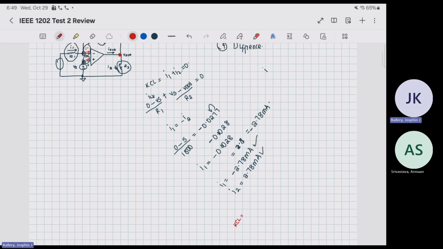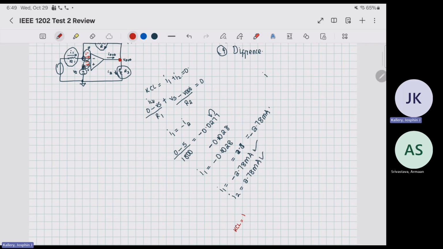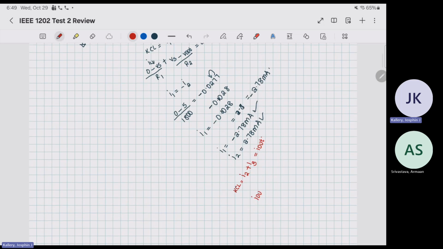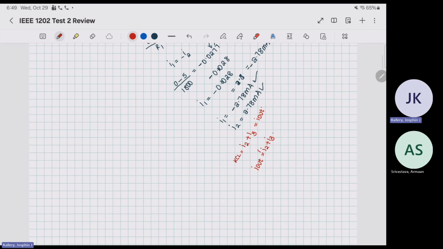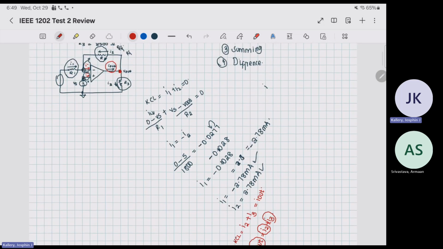So I out is equal to I2 plus I3. That tells us that this current added with this current is going to give us I out. So we look at I3.